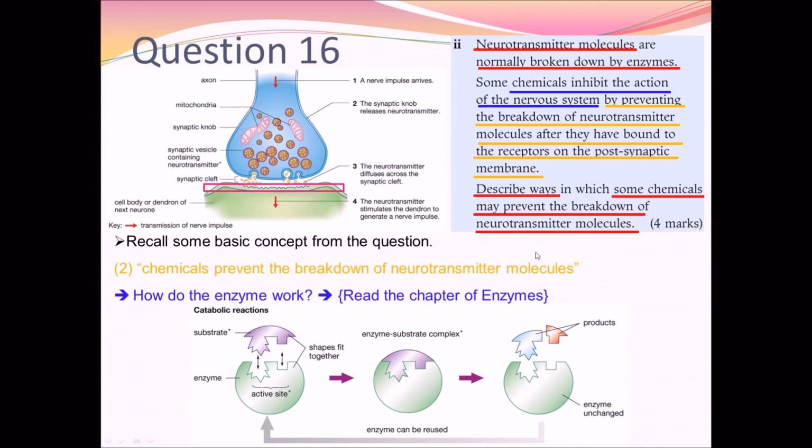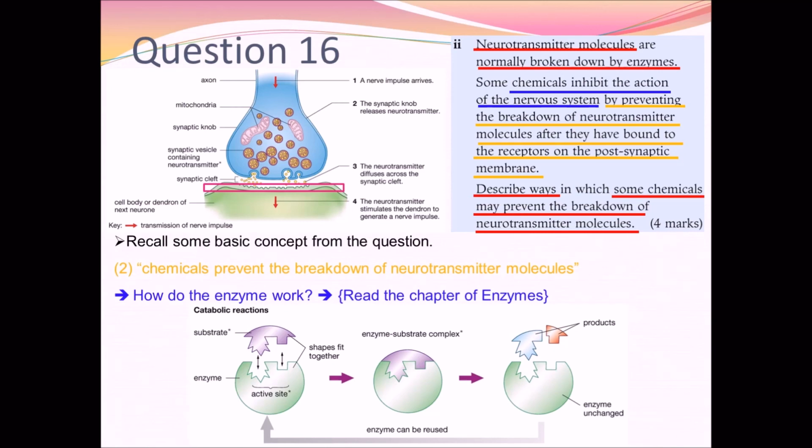If the neurotransmitter binds to the enzyme, the enzyme will speed up the catabolic reaction to break down the substrate into product. But now it's talking about some chemicals preventing this reaction from taking place.